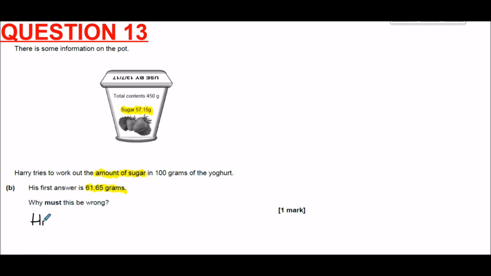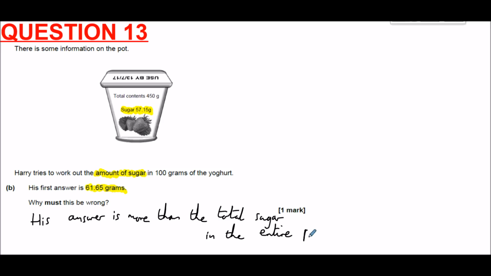So if we just write down something similar to that, his answer is more than the total sugar in the entire pot. So obviously it can't be possible. He's done something wrong.